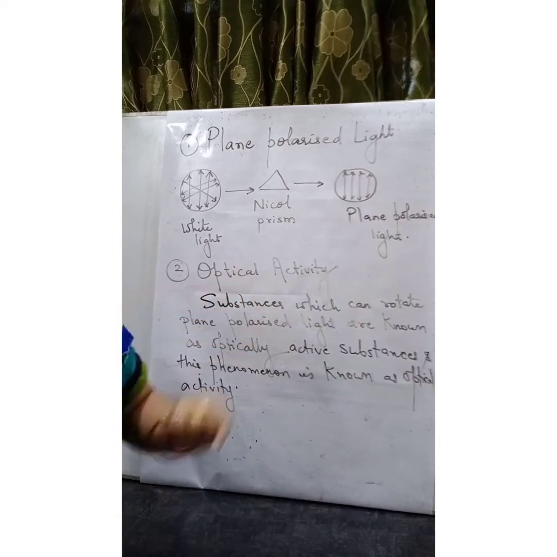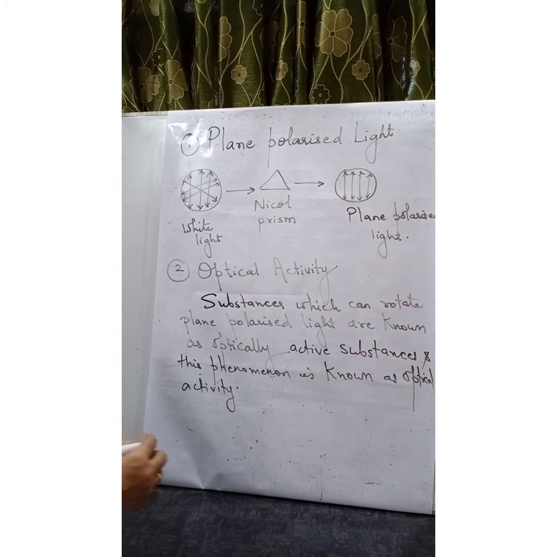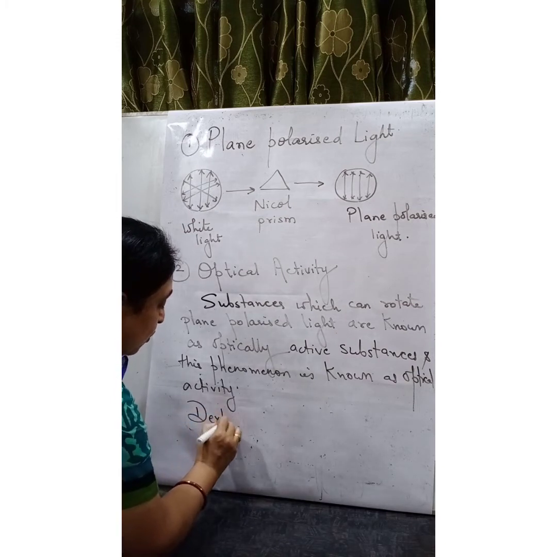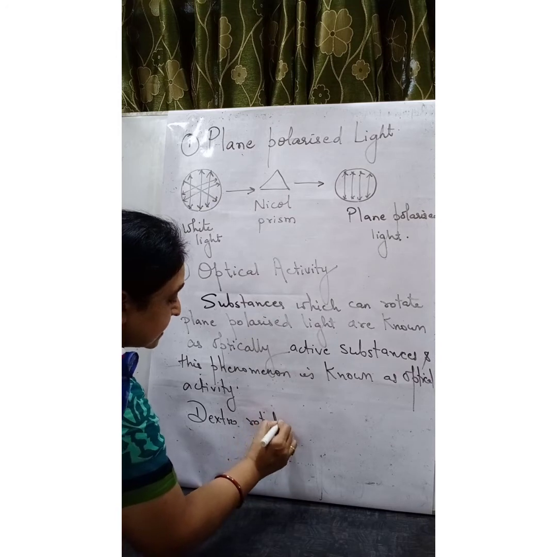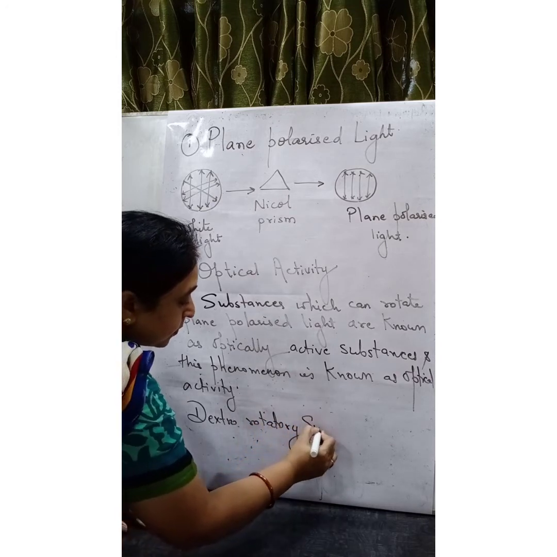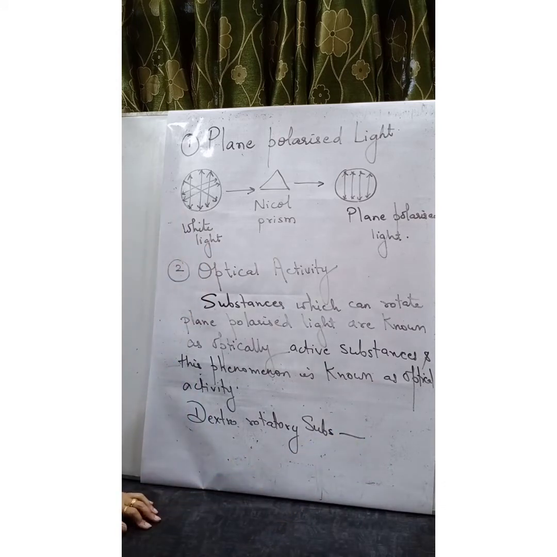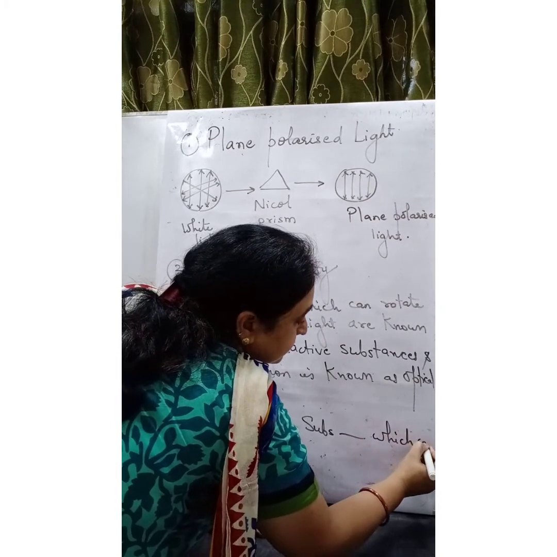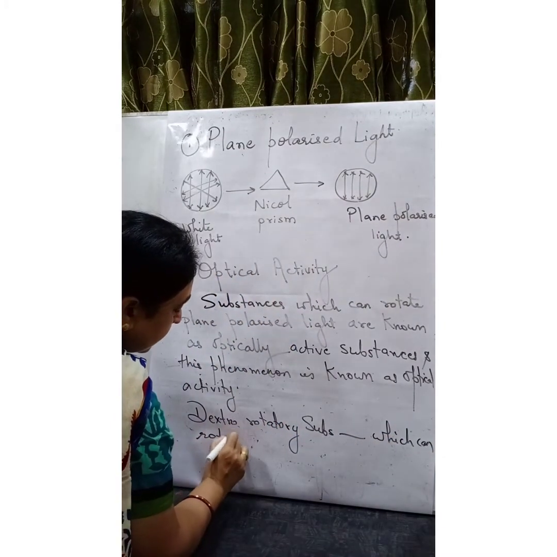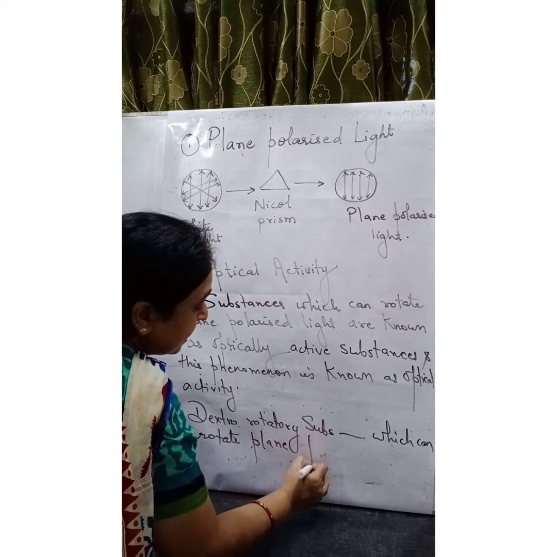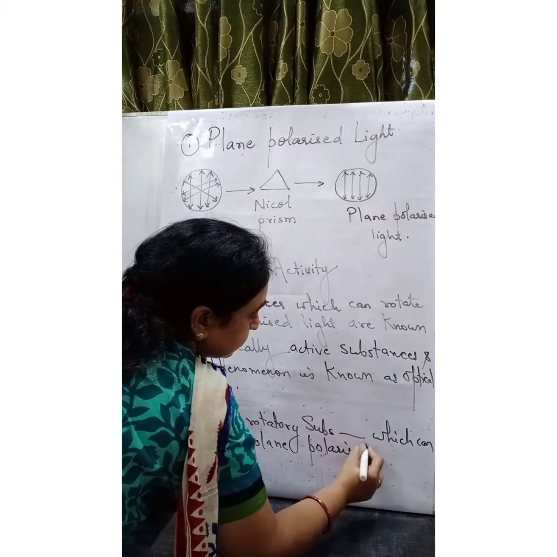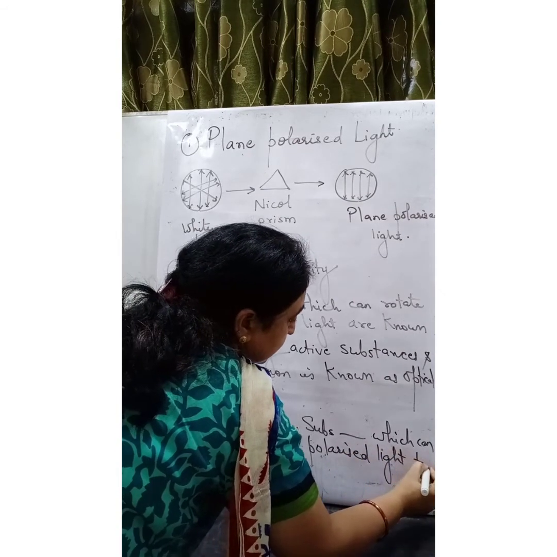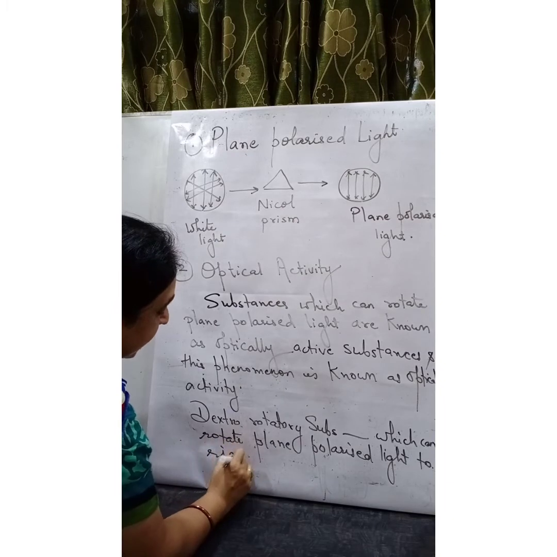Now there are two types of optically active substances: dextrorotatory substances and levorotatory substances. Dextrorotatory substances are those substances which can rotate plane polarized light to right side.